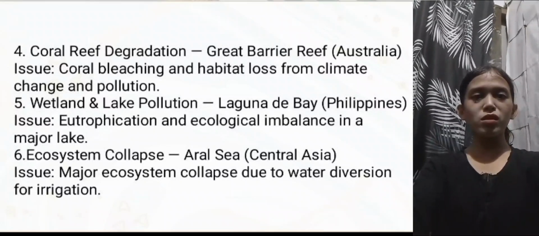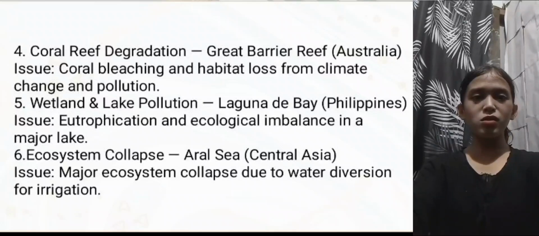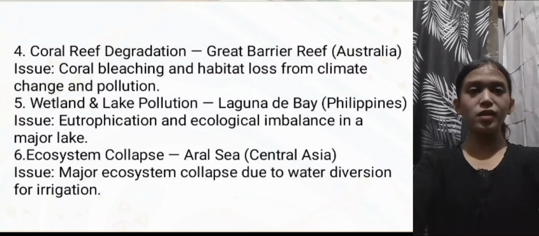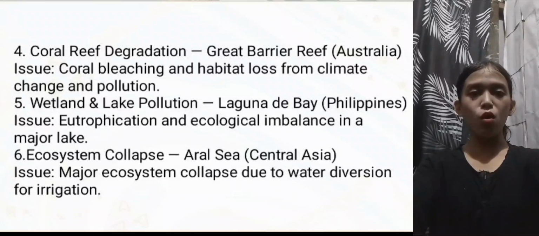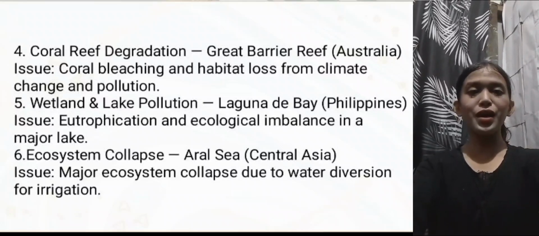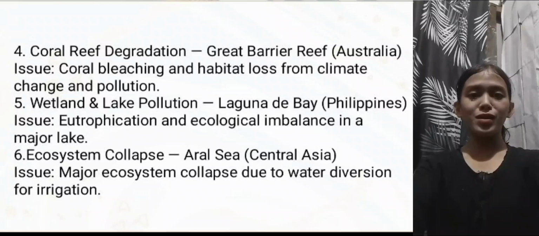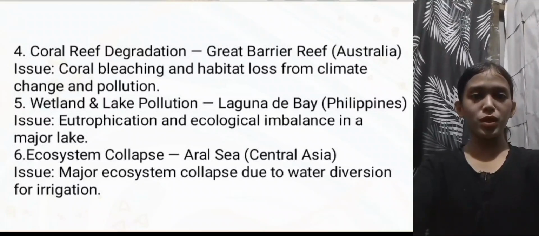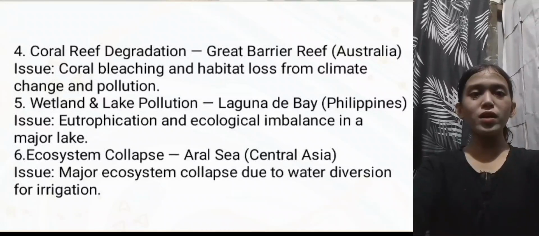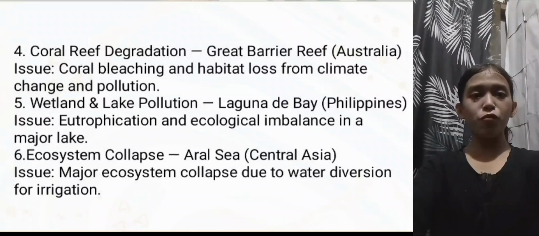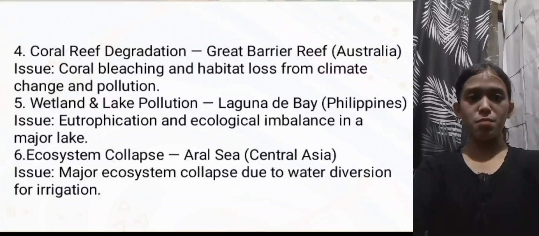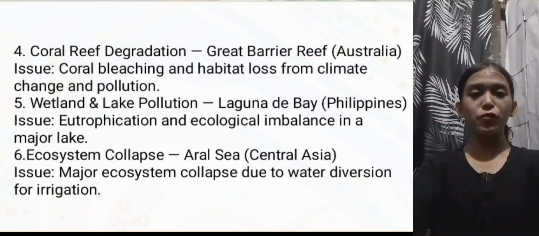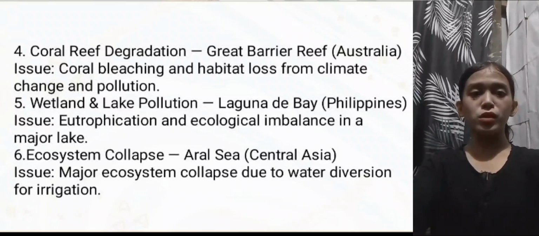So, Laguna de Bay is the largest lake in the Philippines, with waste from homes, farms, and factories causing too many nutrients in the water, leading to eutrophication. So, why is it a problem? Because fish kills happen. Water quality also becomes poor and affects fishermen and nearby communities.